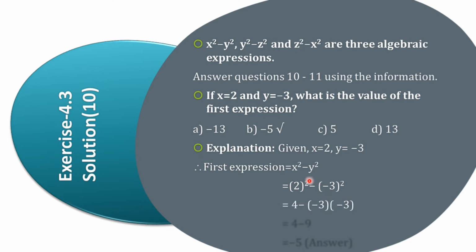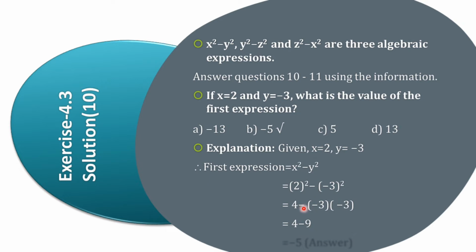As you know, 2 square means 2 multiplied by 2, that would be 4, minus 3 square. That means there are 2 minuses here, so we write minus 3 multiplied by minus 3. After that, 4 minus 3 3s are 9, and minus and minus, again I am saying, that would be plus.